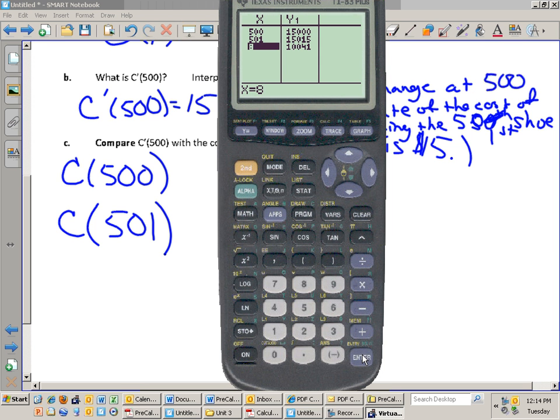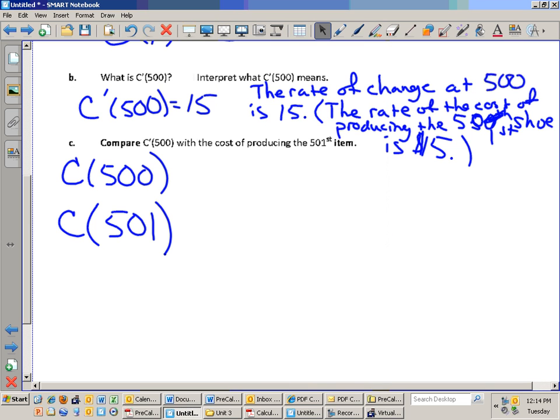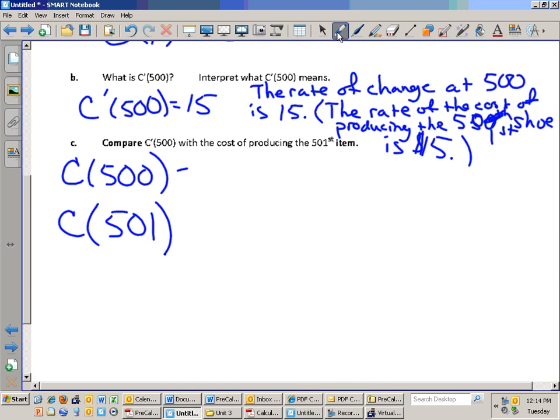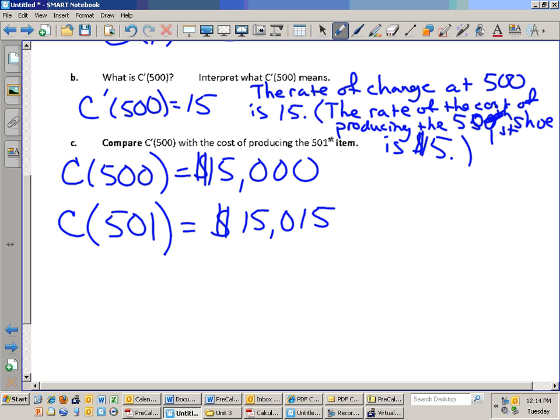You asked the next question. Cost of producing 500 items is $15,000. Cost of producing the 501st item is approximately $15,015. What was the change? 15.